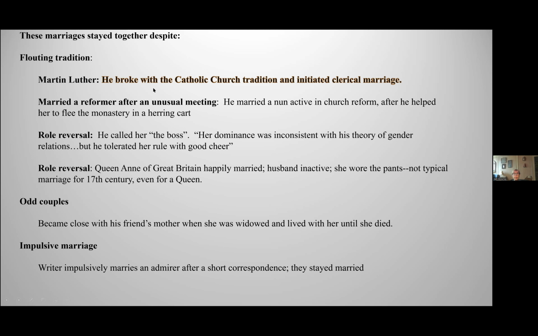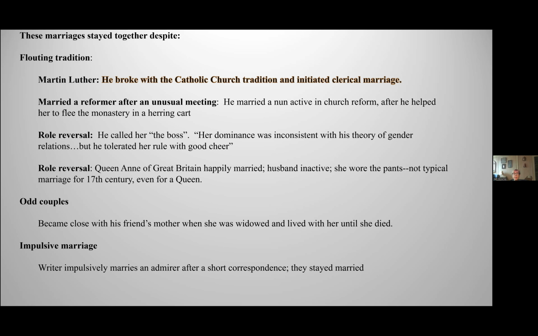This is Martin Luther. He started a whole religion, and one of the issues was that he broke with Catholic Church tradition and initiated clerical marriage. So he had Uranus equals Sun-Moon. He married a reformer, and they had an unusual meeting.